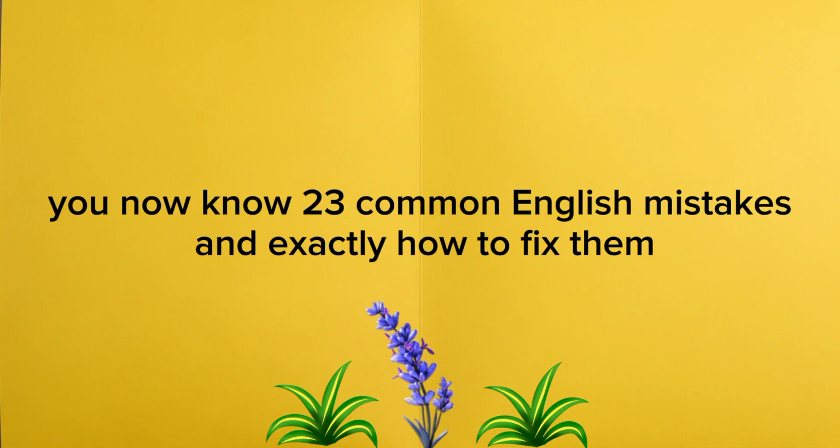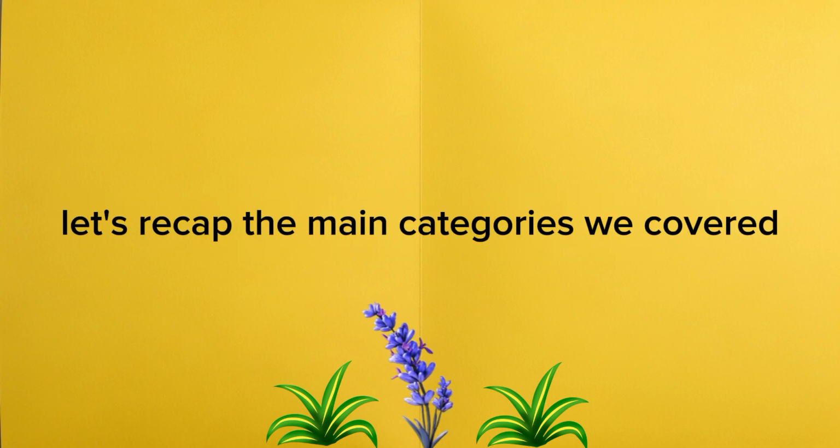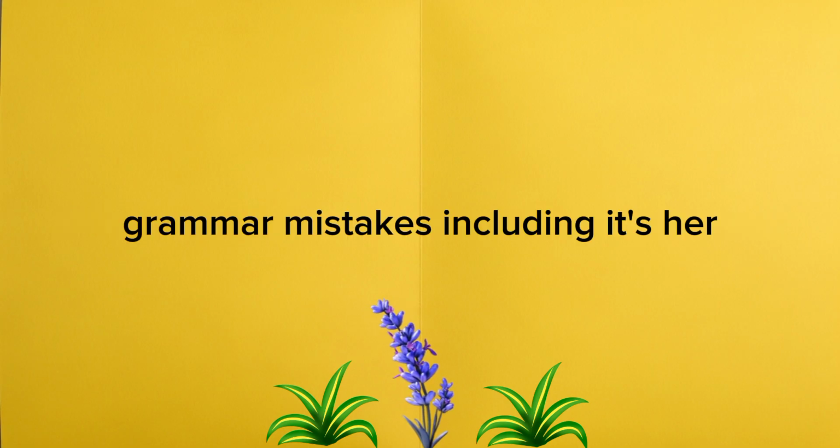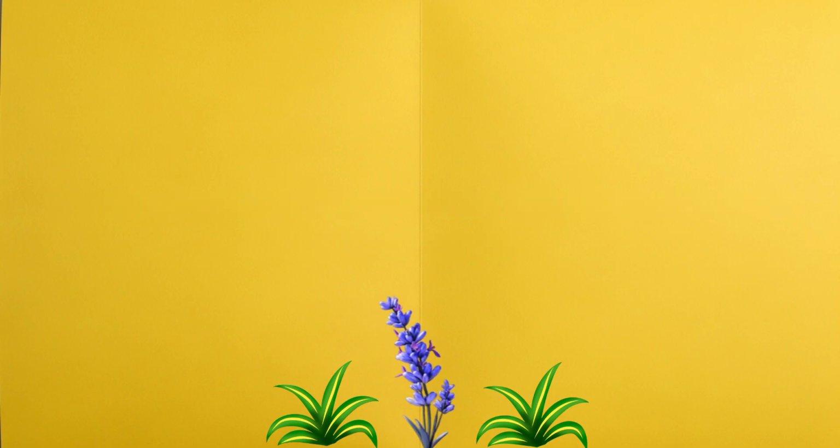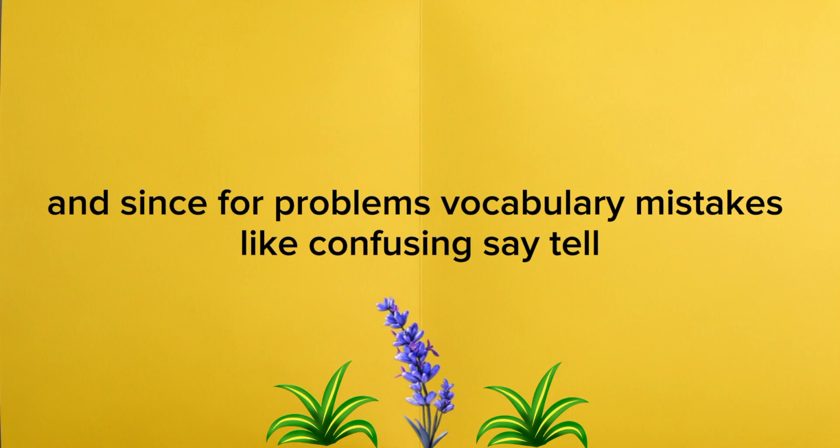Congratulations! You now know 23 common English mistakes and exactly how to fix them. Let's recap the main categories we covered. Grammar mistakes including its confusion, subject-verb agreement, many errors, double negatives, and since for problems.